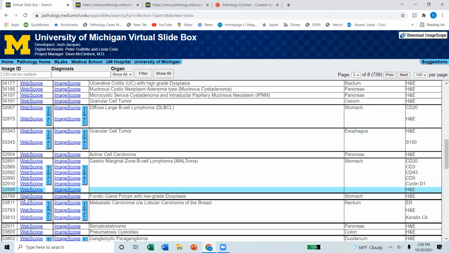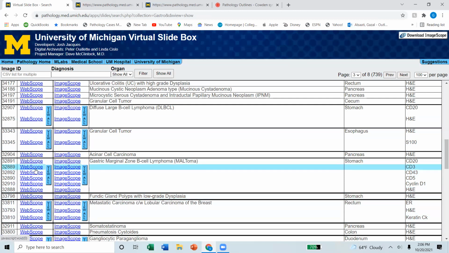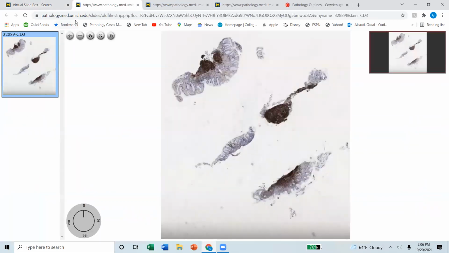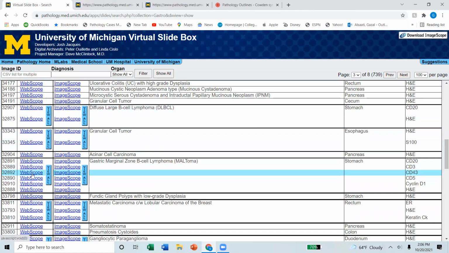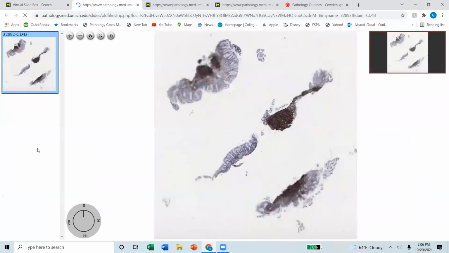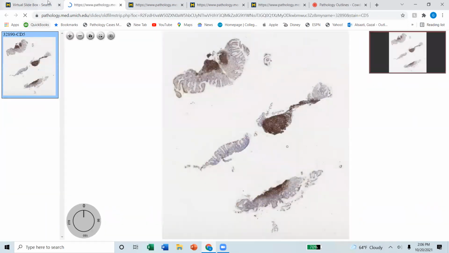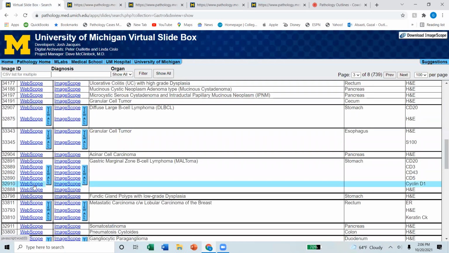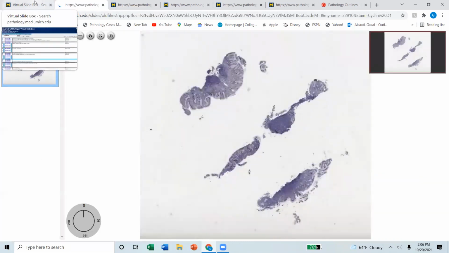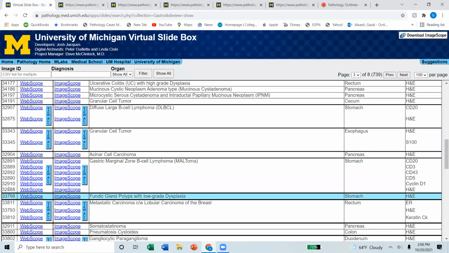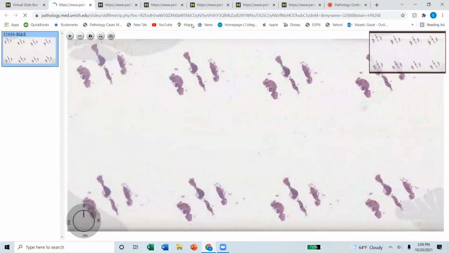For me, when I do marginal zone, I only am comfortable diagnosing it when the patient has an established diagnosis before. Otherwise, I call it atypical lymphoid proliferation. Hematology will be consulted. I always do my cyclin D1 too. I feel good that the stains that I order are the same stains that are here.